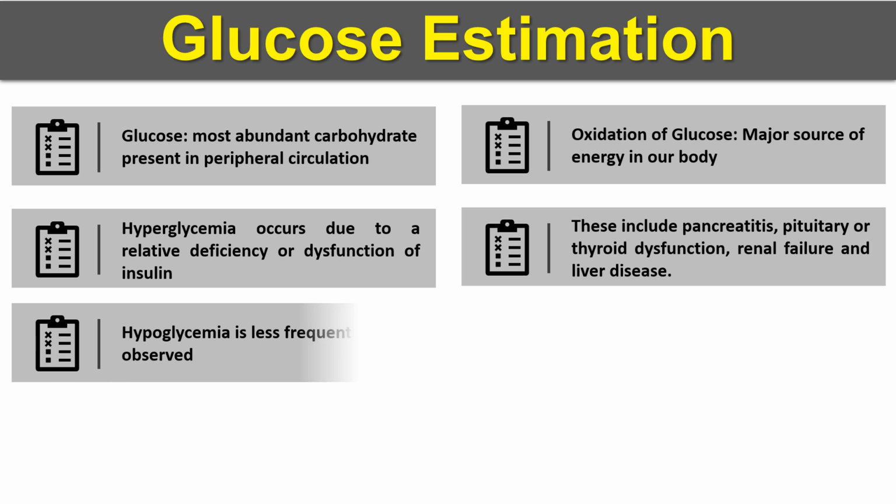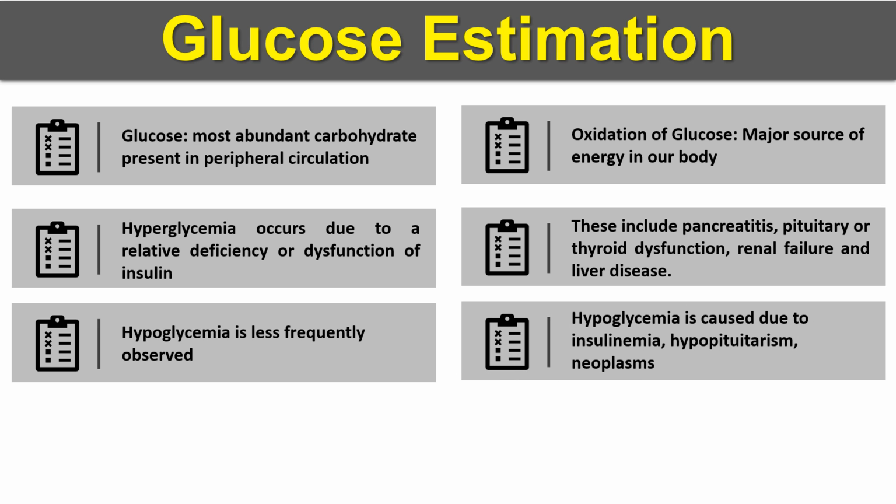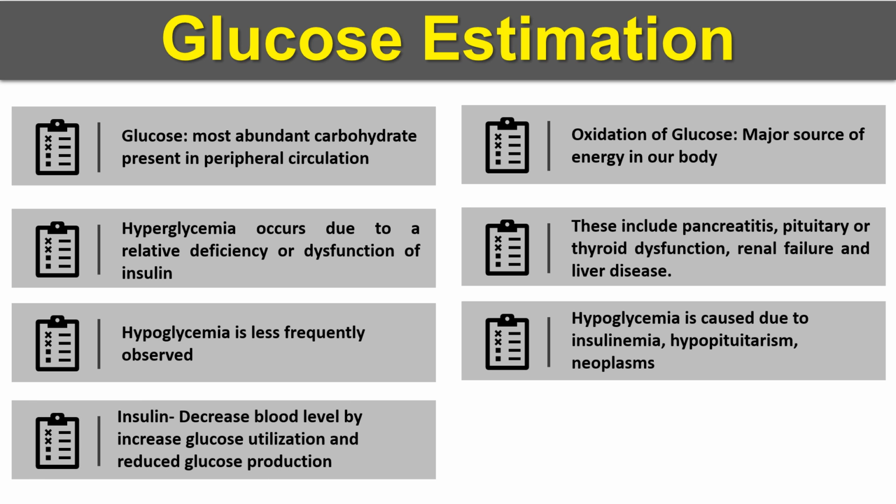Similarly, we have hypoglycemia, which is observed less frequently than hyperglycemia, where the glucose level falls below the normal value. It is caused by insulinemia, hypopituitarism, or neoplasm. Neoplasm means cancer. Hypopituitarism means the pituitary gland does not work up to the normal level, with less production.